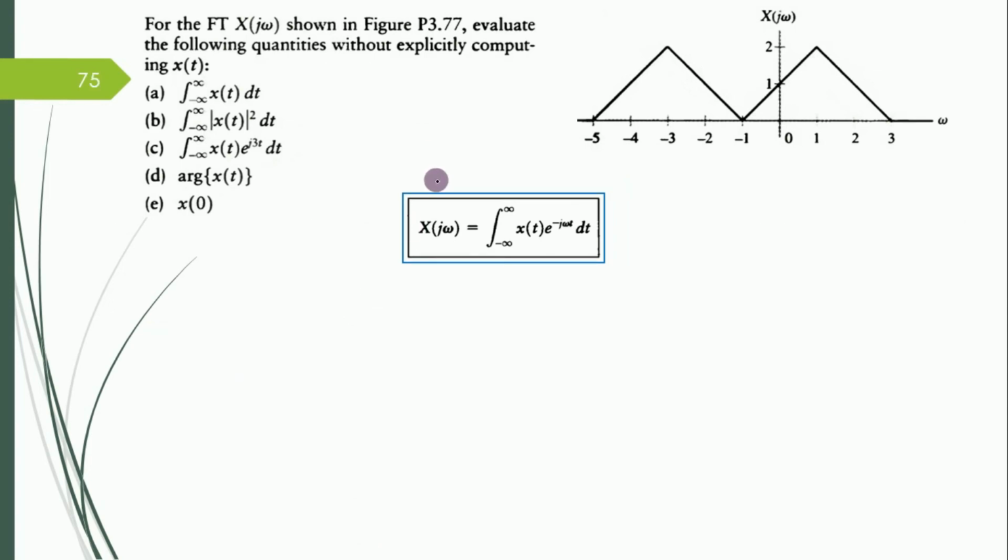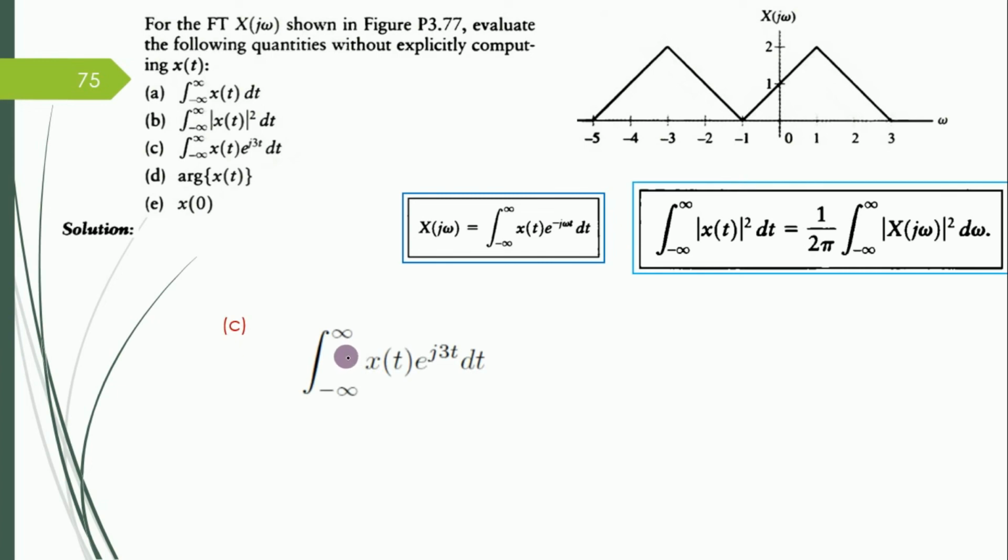Now the next one, C. Again, I'll take this C here: the integration from minus infinity of x of t e raised to j 3t dt. No Parseval's equation is used. It is the same integration, x of t dt, e raised to j 3t. In place of omega, what I'm having is minus 3.